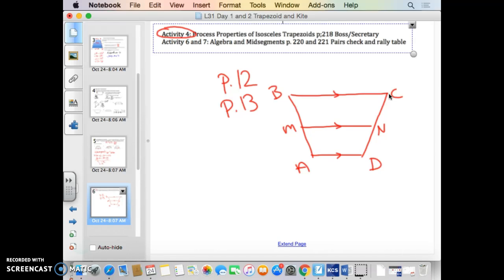These 3 lines are all parallel to each other. So if you know that this is 16 and this is 12, obviously this drawing is not right, you can add these together, 16 plus 12, which is 28, and take 28 and divide it by 2. So this midsection here is going to be 14, okay?